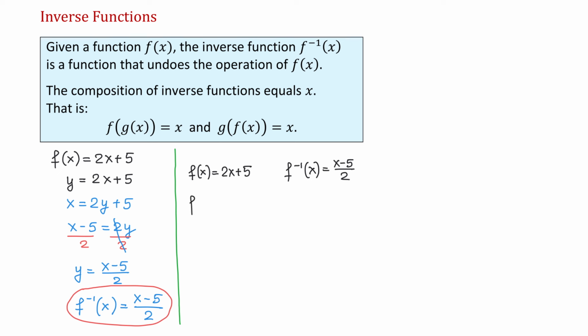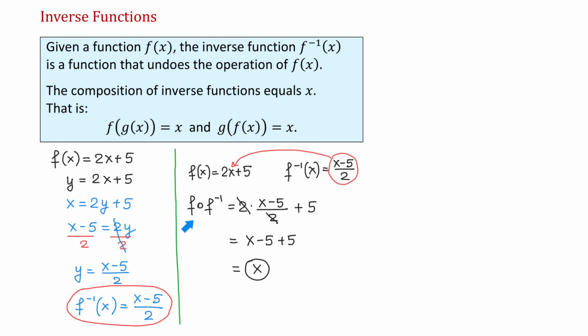And if we take the composition of f, then f inverse, then we will take the f inverse function and put it in place of x in the f function. So then we will have 2 times x minus 5 over 2 and then plus 5. Then here 2 and 2 will cancel, and x minus 5 plus 5 equals x. So indeed, the composition of f and f inverse is x.